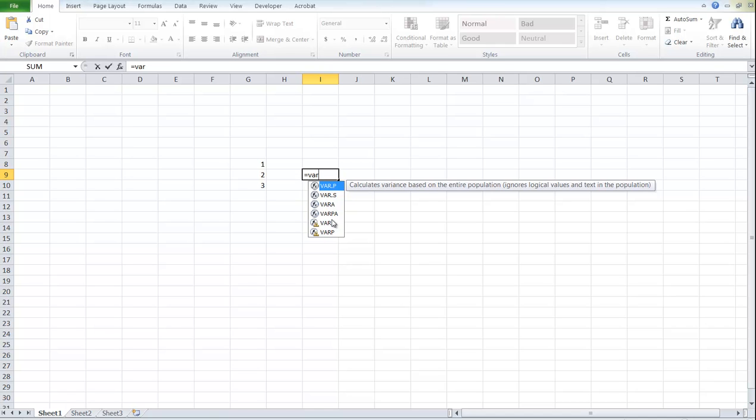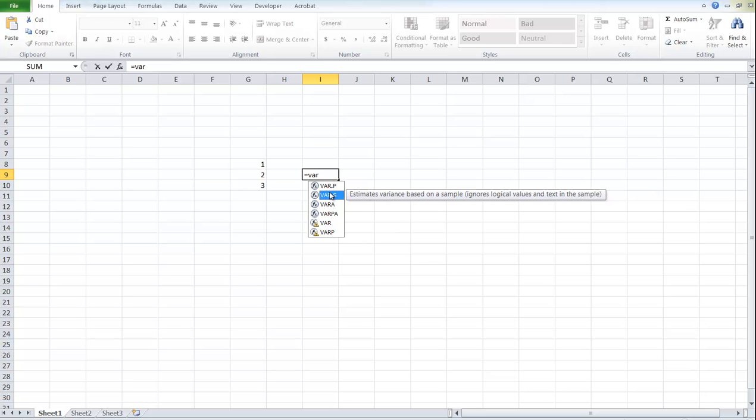Notice there's this one, there's also this one, and there's this one. So this one, I believe, would use n because it's var.p, so that means it's for the population, so it's just going to use n. And this, I believe, is the sample one, so these will give us different answers. var.p is for the population.